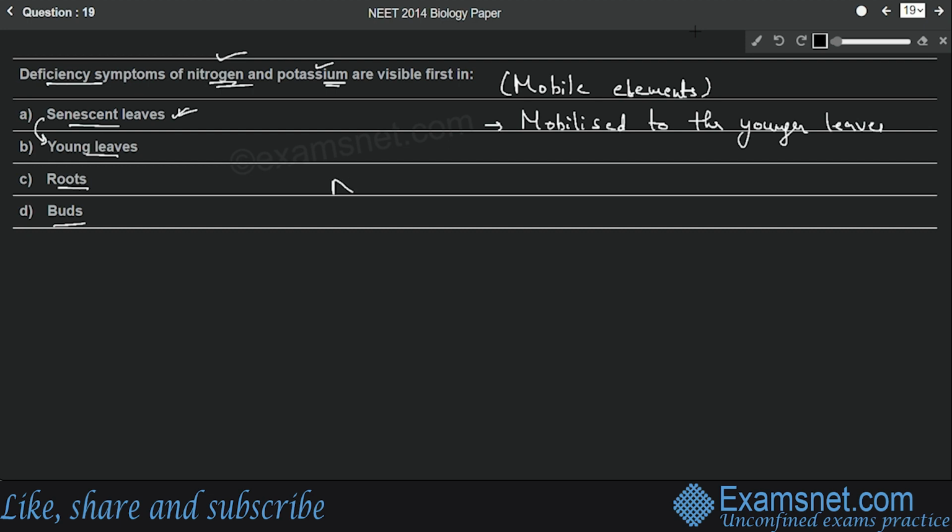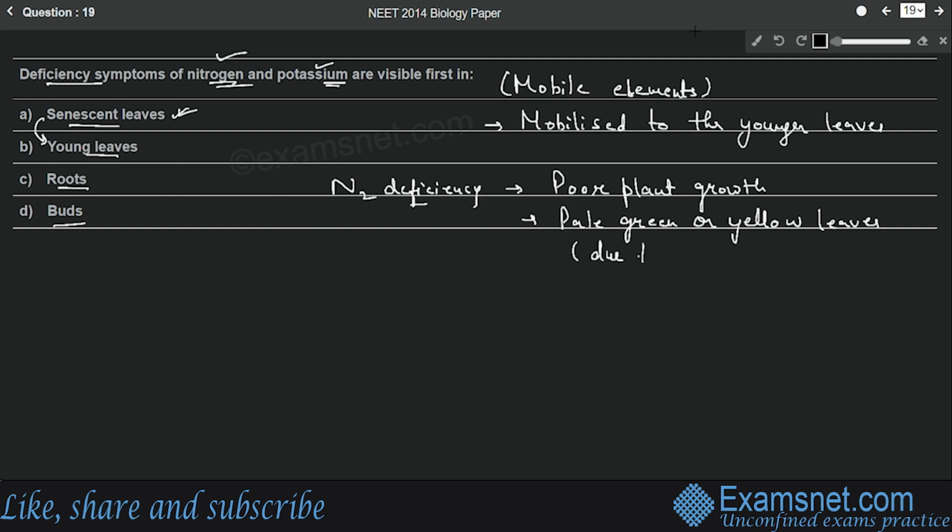And what will be the deficiency symptoms? If we talk about nitrogen deficiency, there will be poor plant growth. Then the leaves will become pale green or yellow in color because they will be unable to form sufficient chlorophyll, due to the lack of chlorophyll.